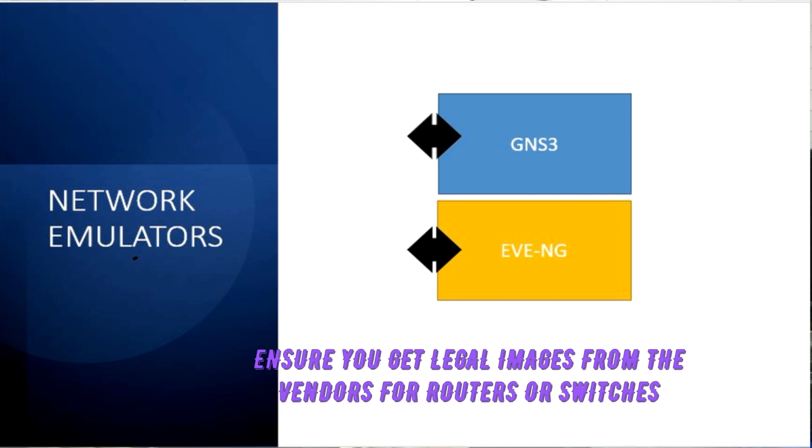A virtual SRX or virtual MX, or a virtual QFX. But basically, for the JNCIE service provider environment, you would need the virtual MX. That should suffice. So basically, if you can get the virtual MX image and you can import that into GNS3 or EVE-NG, you're set to go.